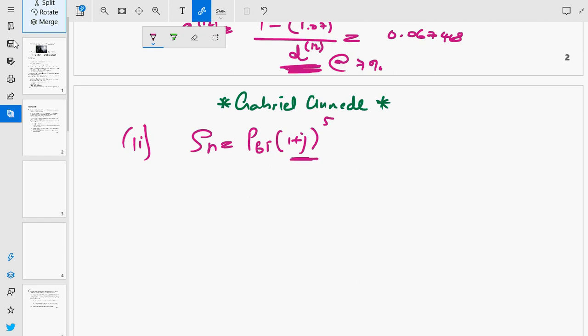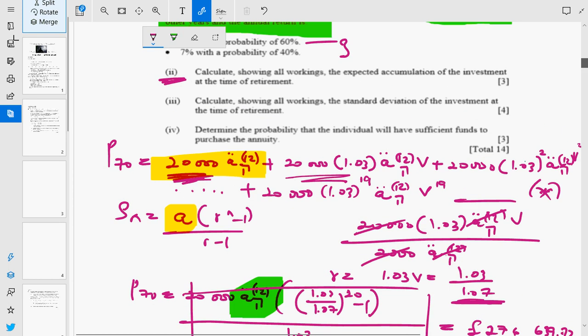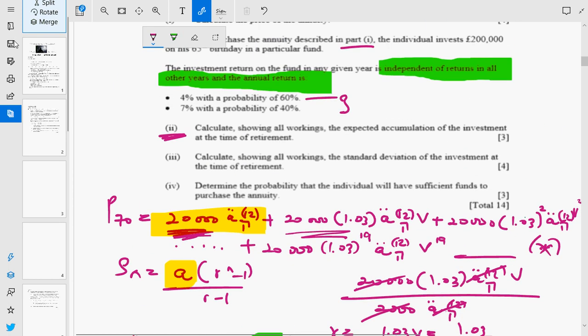Now, because our interest rate is the random variable, this j is the expected value of our interest rate, using this discrete probability function.